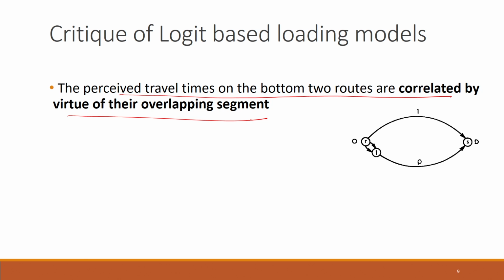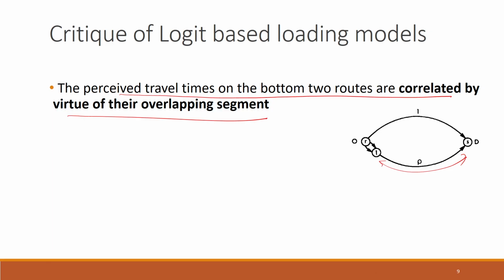Okay, so since a large portion of these two bottom paths are overlapping, if the perceived travel time of one of these bottom paths is very high, then the perceived travel time of the other bottom path should also be very high, because they have a very large overlapping segment.